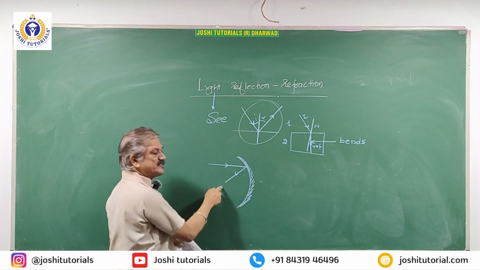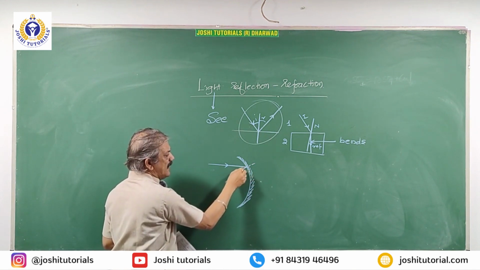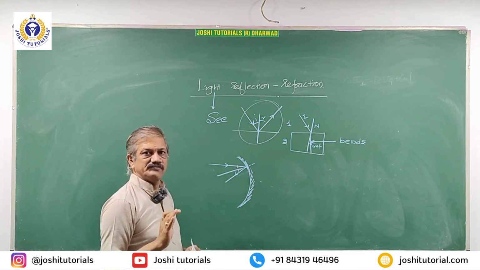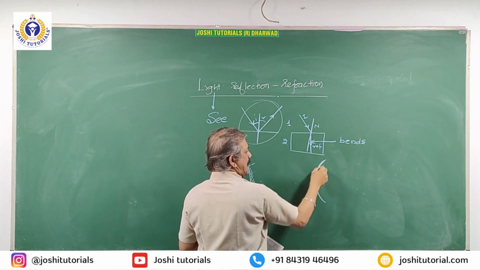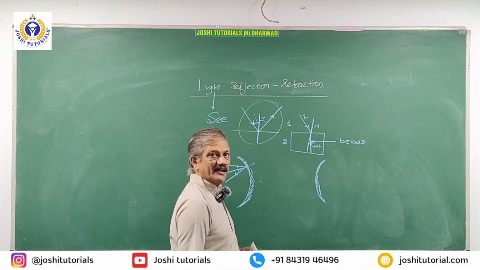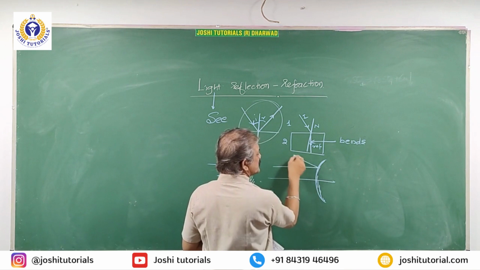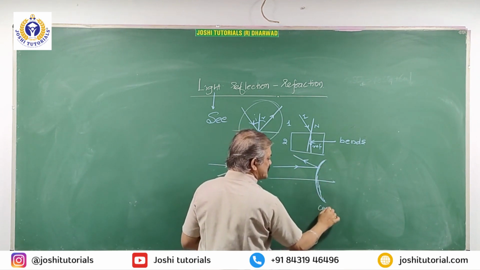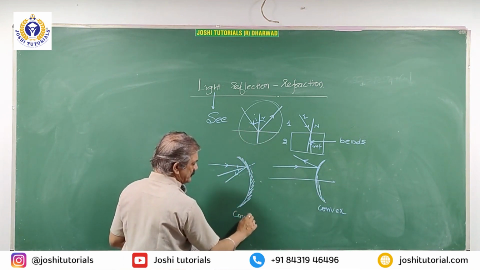Reflection is inwards. Here also, when you draw a normal, remember I and R are equal. If we shade from inside, reflection takes place outside. Watch. It is called convex. This one is called concave.